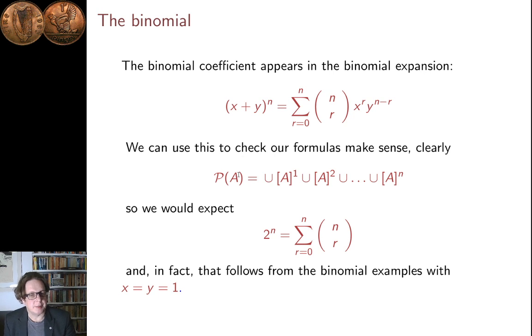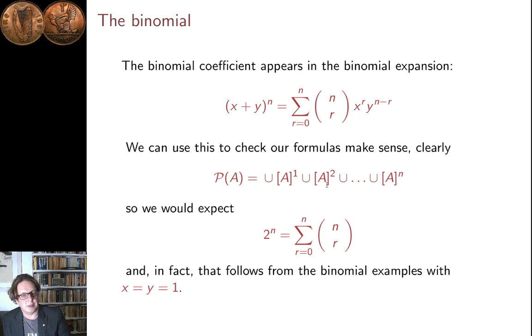So the power set P of A, which will be equal to, ignore this first symbol here, it's a typo, and actually there should be a phi here, an empty set. So the set of all subsets is equal to the empty set union the subsets of length 1, the singleton sets, union the subsets of length 2, union the subsets of length 3, all the way up to the subsets of length n.